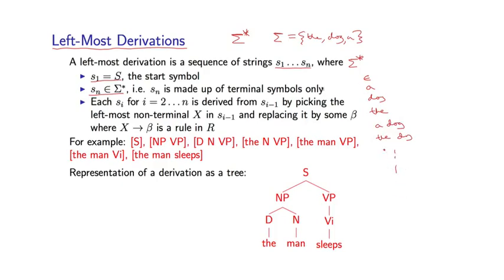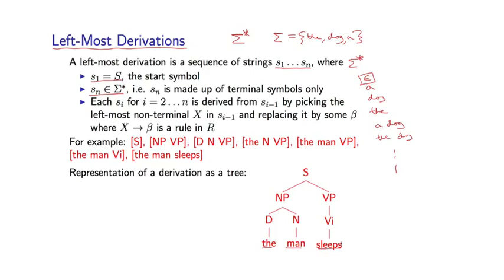Basically, any string you can form through a finite sequence of these words in sigma, where we also include the empty string, epsilon. Okay, so Sn has got to be a sentence, for example, the man sleeps, only elements of sigma.